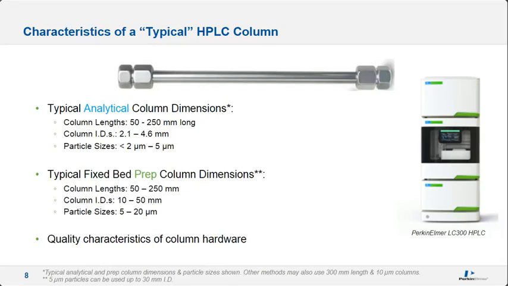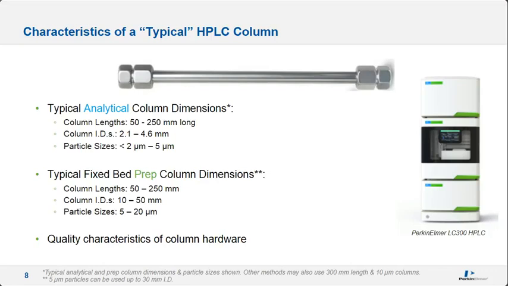However, we could have a fixed bed column that would be utilized for preparative chromatography, preparative HPLC, and these column dimensions would typically be length from 50 millimeters to 250 millimeters. But the difference would be the column ID. This would be significantly greater for the preparative column. Typically, these column IDs range from 10 millimeters all the way up to 50 millimeters.